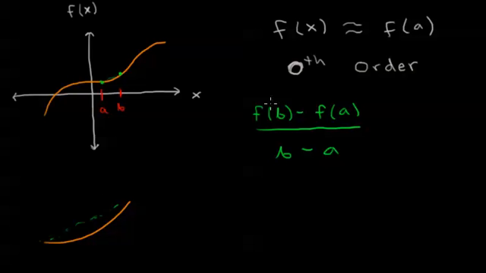And just to write this in a more compact way, we'll use the mean value theorem, which I won't state formally, but all it really is that if I have a function going from point A to point B, I can take the average slope here, and there has to be some point along the function that has the same slope, that the derivative is the same as the mean value of the derivative.